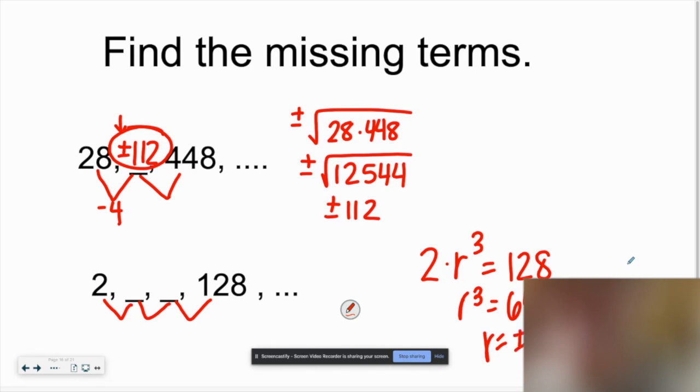So is our common ratio going to be positive and negative 4 or just positive 4? If I multiply by 4, I get 8, then 32. If I did negative 4, it'd be negative 8, positive 32, but then a negative 128. So this is not an option. Our common ratio is just a positive 4.